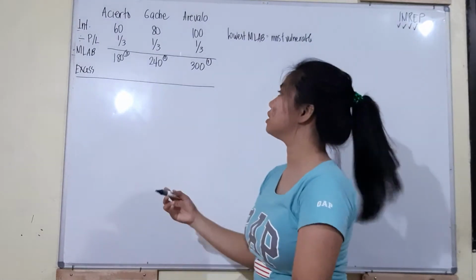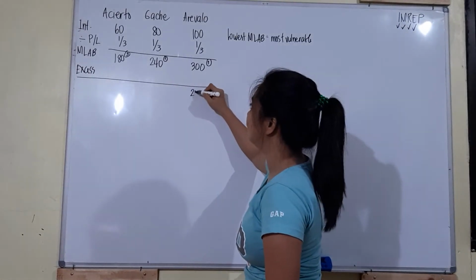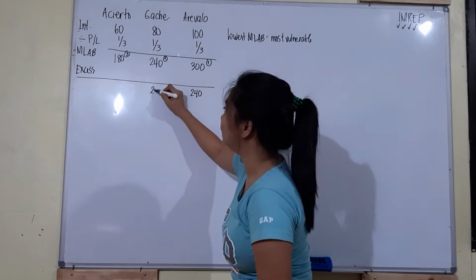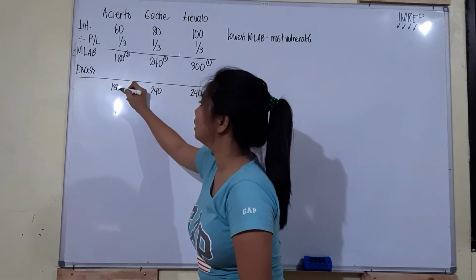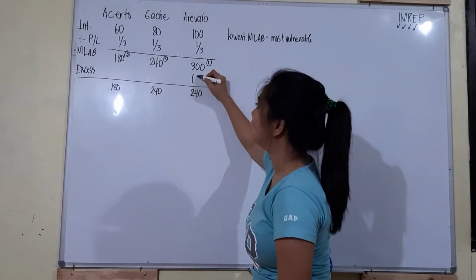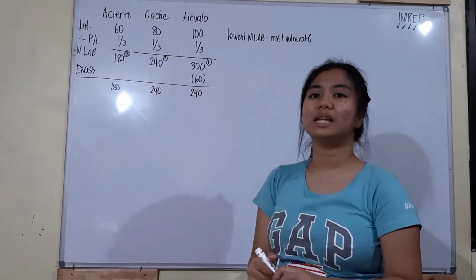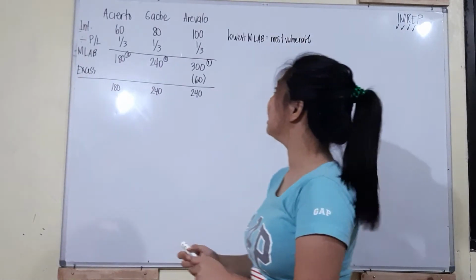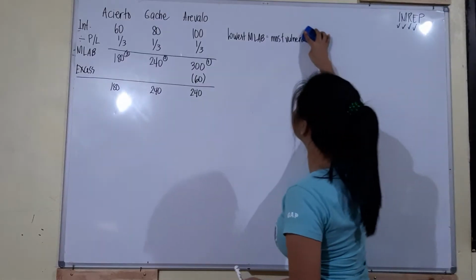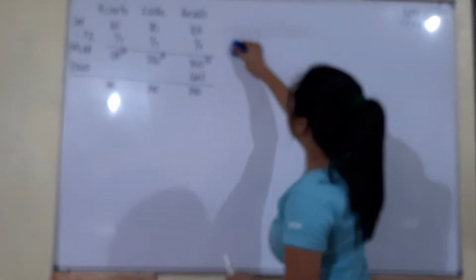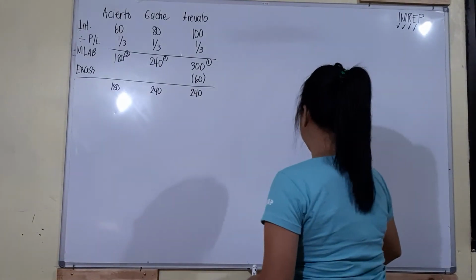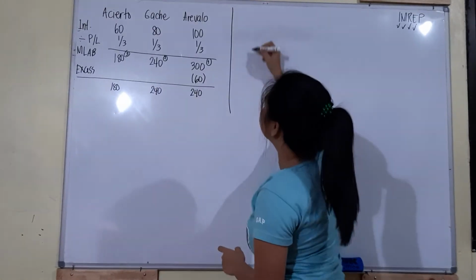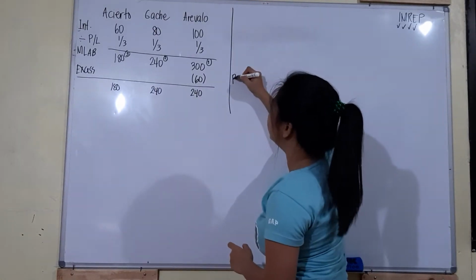So, kung papantay siya sa 240, para maging 240 din yan at makapantay siya, ibig sabihin, meron siyang sobrang 60. So, yung 60 na yan, ayan ngayon yung tinatawag natin na magiging dividend ng priority. So, ito na ngayon yung tinatawag natin na priority 1.